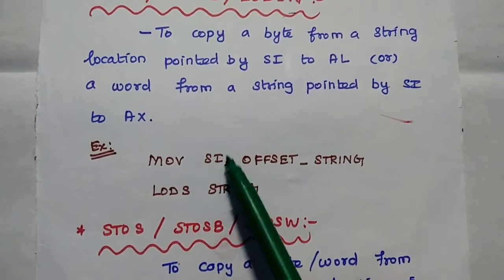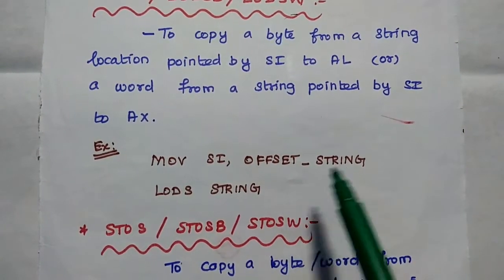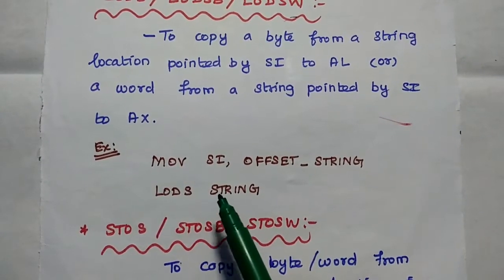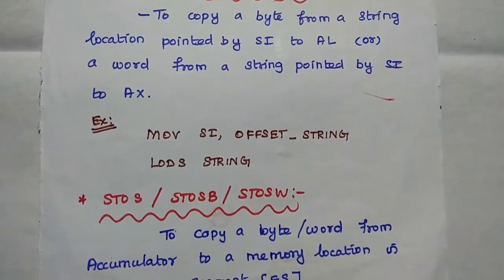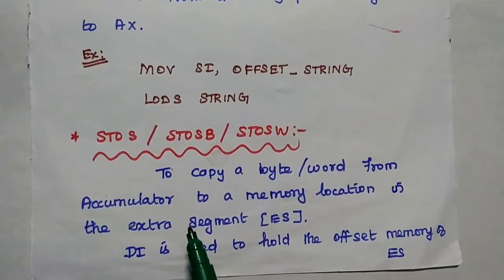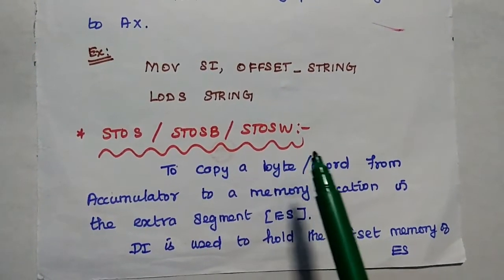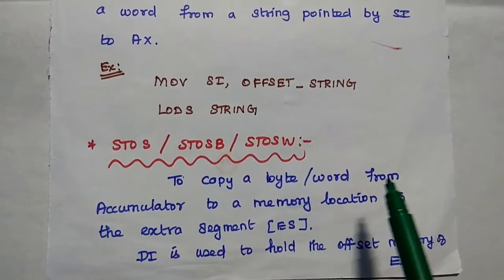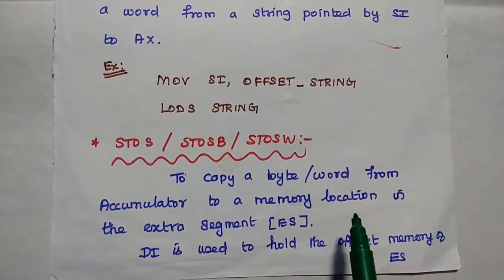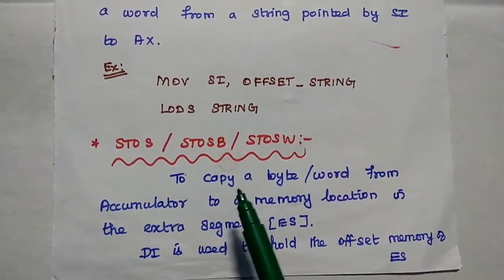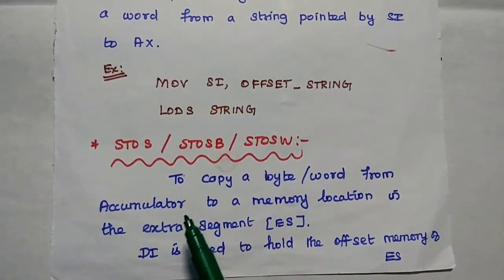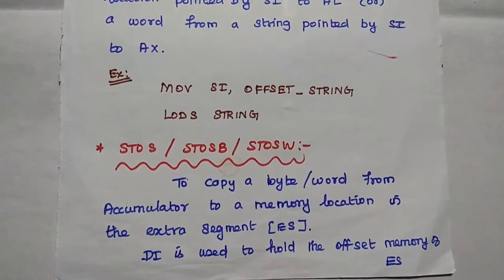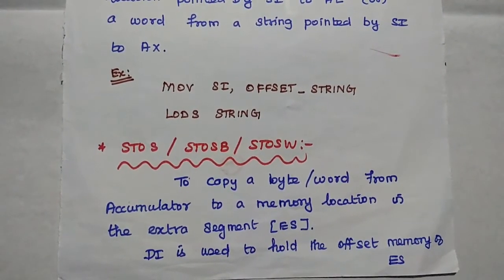First we initialize the source index with the offset of the string, then we load that string into the accumulator. Finally, STOS, STOSB, STOSW, that is store. It copies a byte or word from the accumulator to a memory location in the extra segment. That is, we store the value of the accumulator into the extra segment memory location. These are the string transfer instructions.